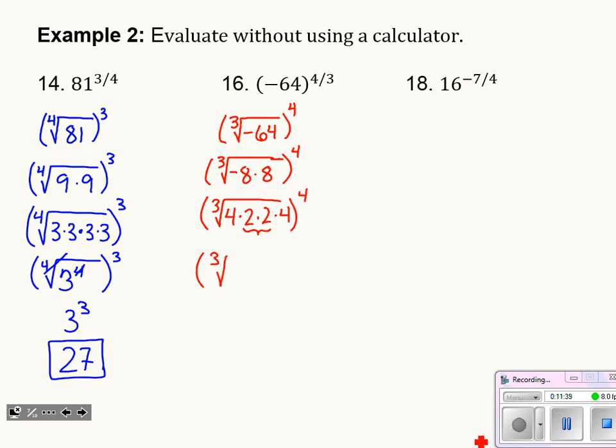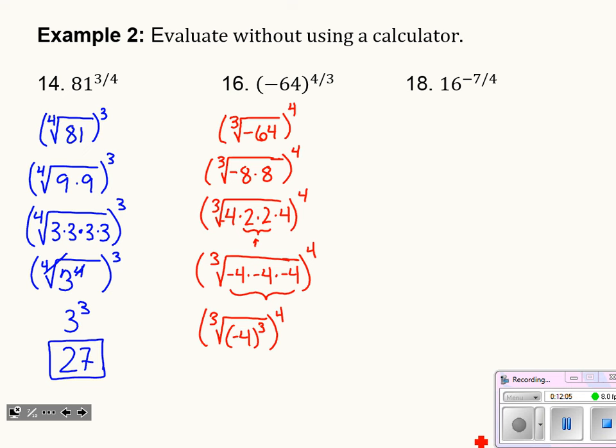I've got the cubed root of, let's call this negative 4 times negative 4 times negative 4, right? I'll still get to the same thing underneath that I had up above, but now I'm expressing it as something cubed underneath. I'll still create a negative 64 underneath, but now I can call it the cubed root of negative 4 cubed, and then that to the 4th power.